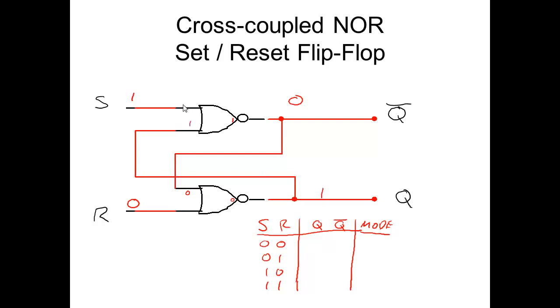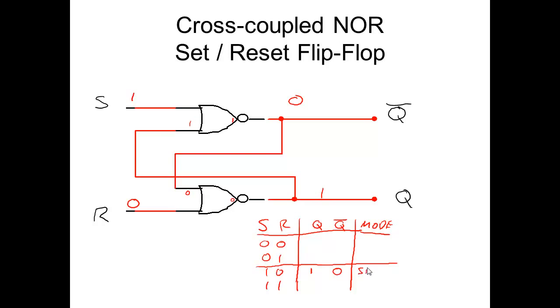That 1 gets fed back here, and 2 highs still give you a 0. Two lows give you a high, and that's our output. So if S is high and reset is low, we get a high on Q and a low on Q naught. Let me put a line here to divide this up a little better. So you've got a high on Q, low on Q naught.